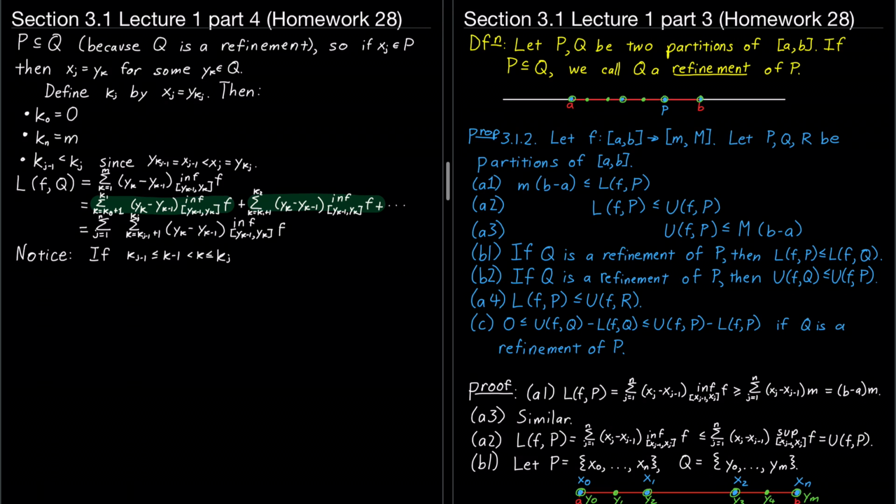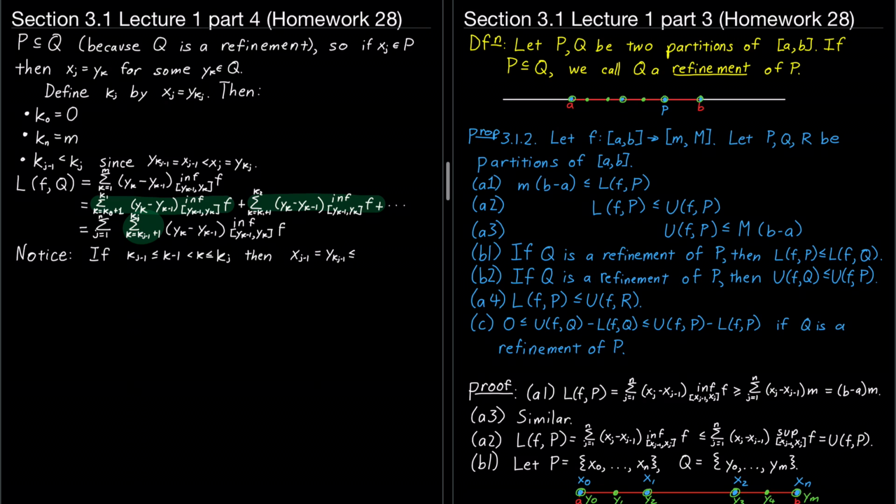So that is, if k is in this thing, if we're one of the k's in this second integral, then we can write x_{j-1} is y_{k_{j-1}}.